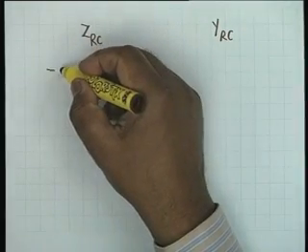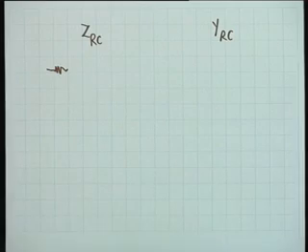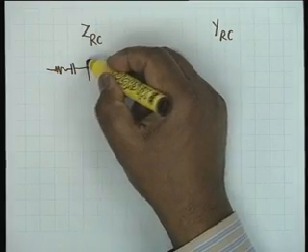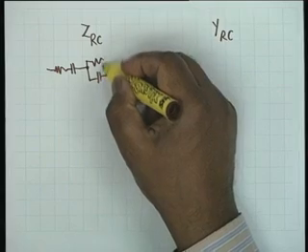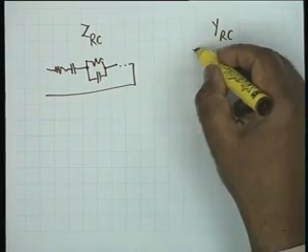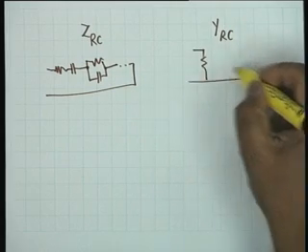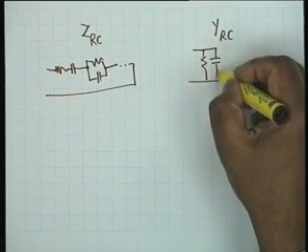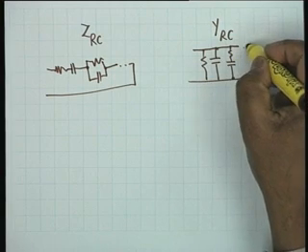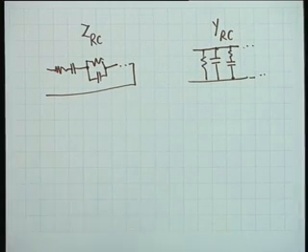You recall that starting from the most general Foster 1 form of RC impedance, that is impedances of this type, and the most general form for RC admittance, which is R in parallel with C and then a number of RC in parallel. Starting from this, we derived the general forms for RC impedance and RC admittance.